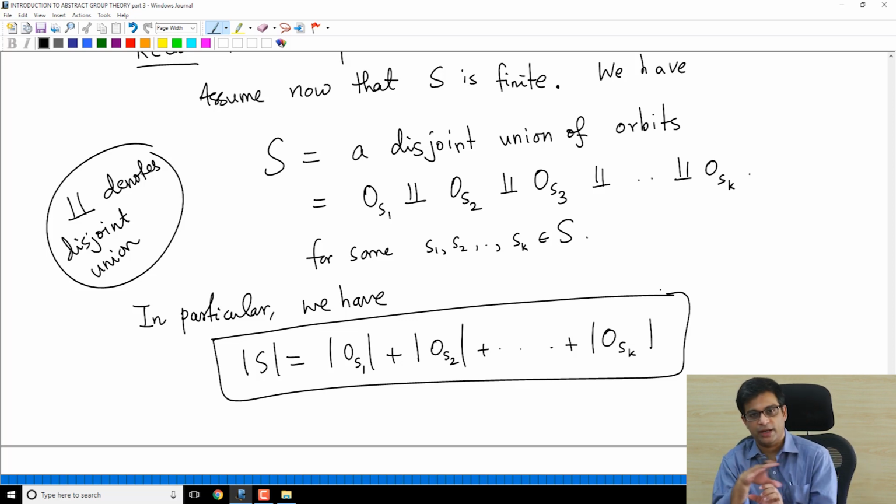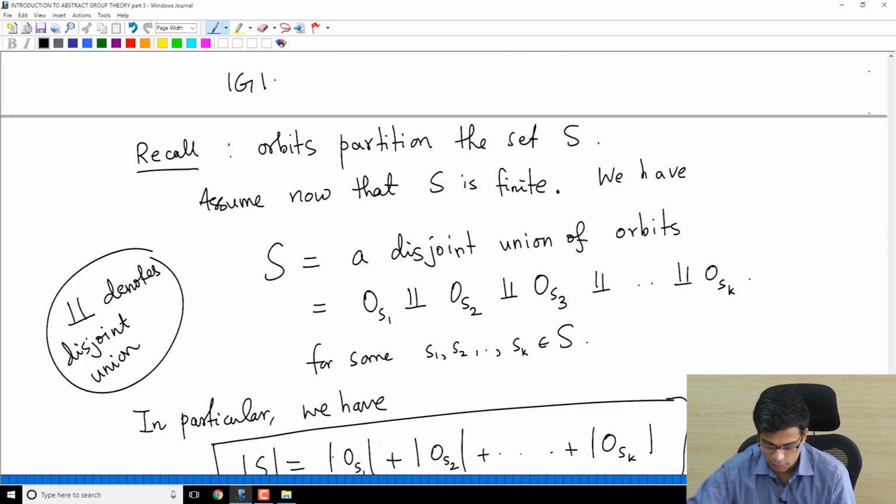It says that if S is a finite set, then the number of elements of S can be written as a sum of orbit sizes, and because of the counting formula that I did in the previous slide, each of these numbers is a divisor of the cardinality of the group, right? So we have a very strong restriction here. The size of the set S is a sum of some numbers, but each of those numbers divides the order of the group. We are going to exploit this very important observation in later videos.